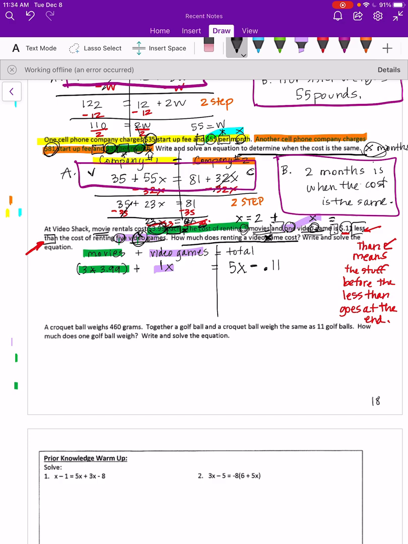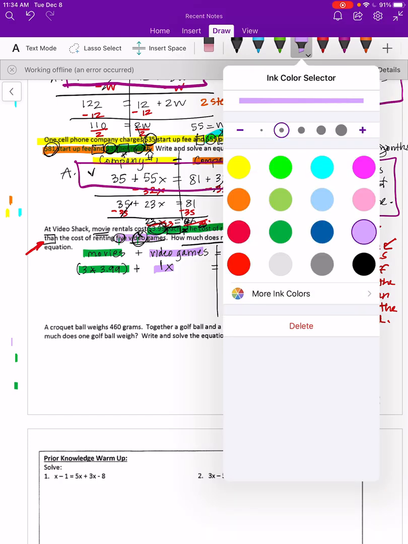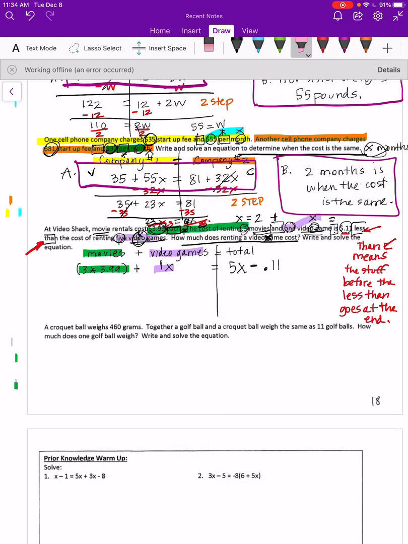Okay? Whew. Maybe I'll even, just so you can see, let's do this pink. And the pink is the second part, all of this. And it goes on the other side, which is a total.